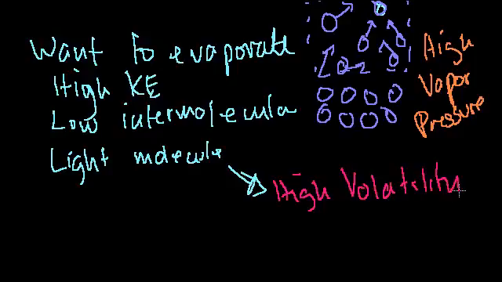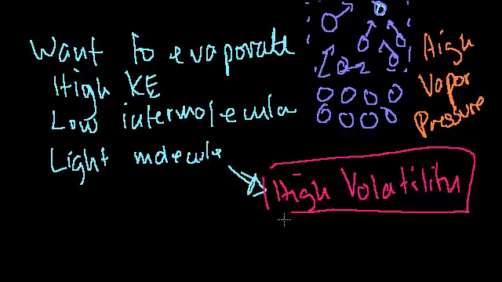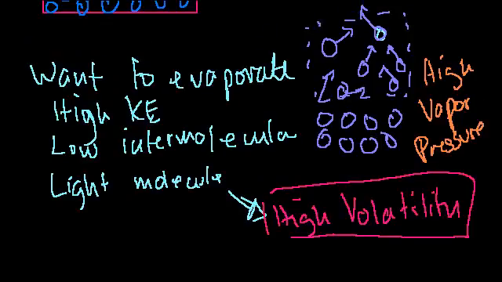So for example, gasoline is more volatile than water, and that's why it evaporates, and it also has a higher vapor pressure, because if you were to put it in a closed container, more gasoline at the same temperature and the same atmospheric pressure will enter into the vapor state, and so the vapor state will have to generate more pressure to offset the natural inclination of the gasoline to want to escape than in the case with water.